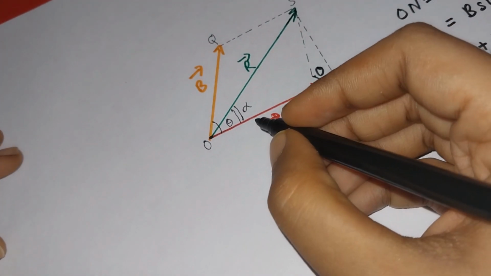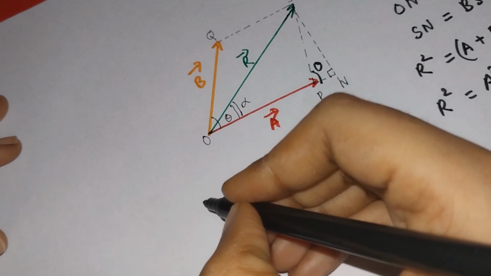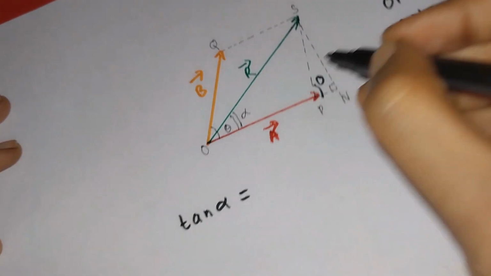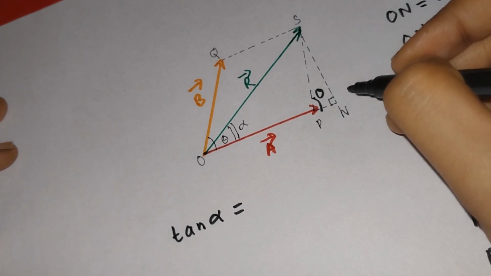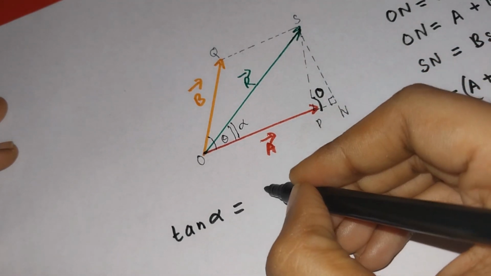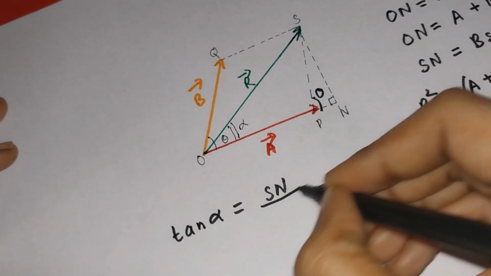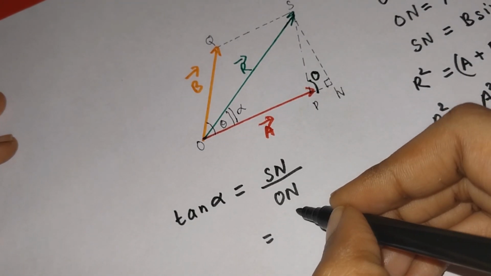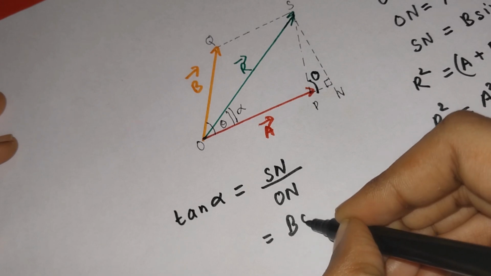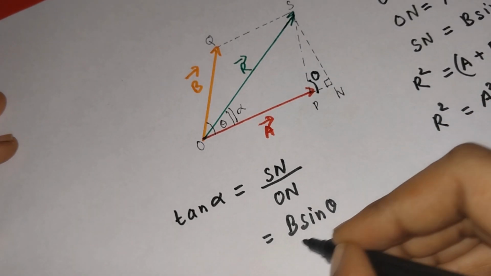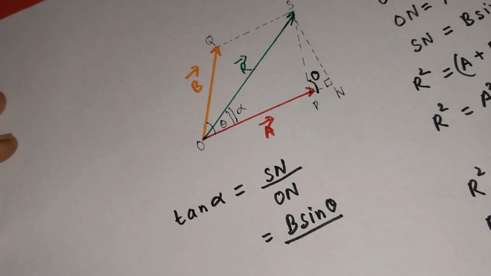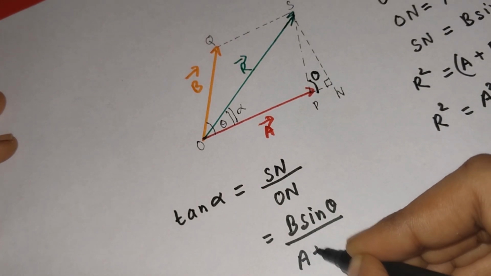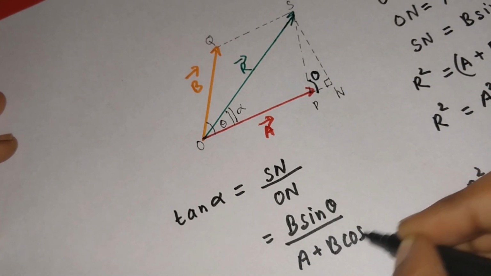See, when we take a tangent of this angle alpha, we will get tan alpha equals opposite side Sn by adjacent side On. Sn by On. And what is Sn? Sn is B sin theta. And what is On? On is A plus B cos theta.